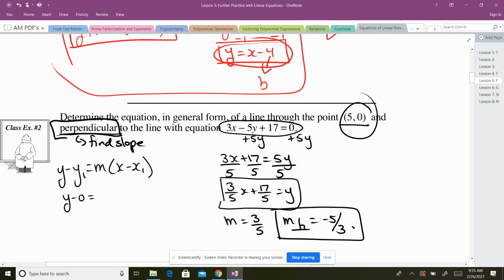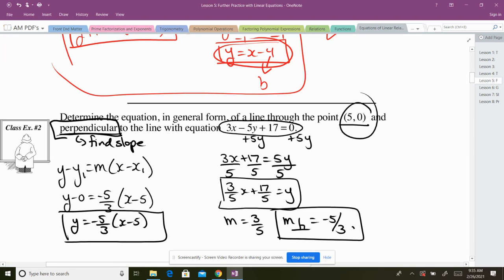Y minus 0 equal to... okay, that's, I mean, y minus 0, nobody would write that. You would write that. So that's point slope form.